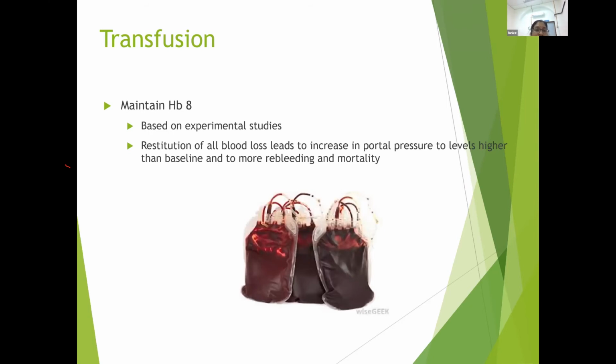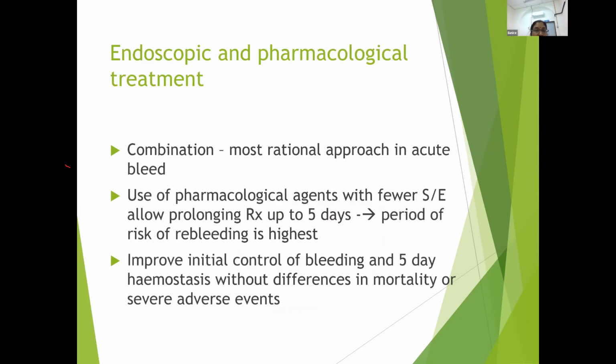It's based on experimental studies. Restitution of all the blood loss leads to an increase in portal pressure to levels higher than baseline and to more rebleeding and increased mortality as well. Okay.